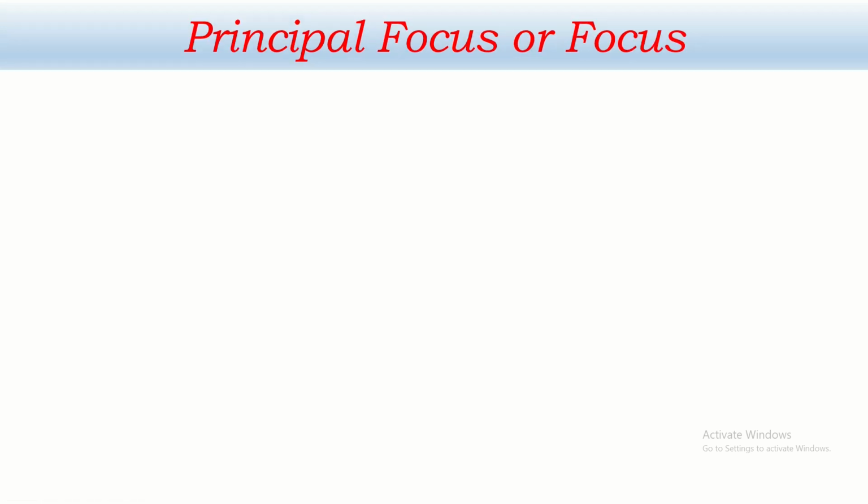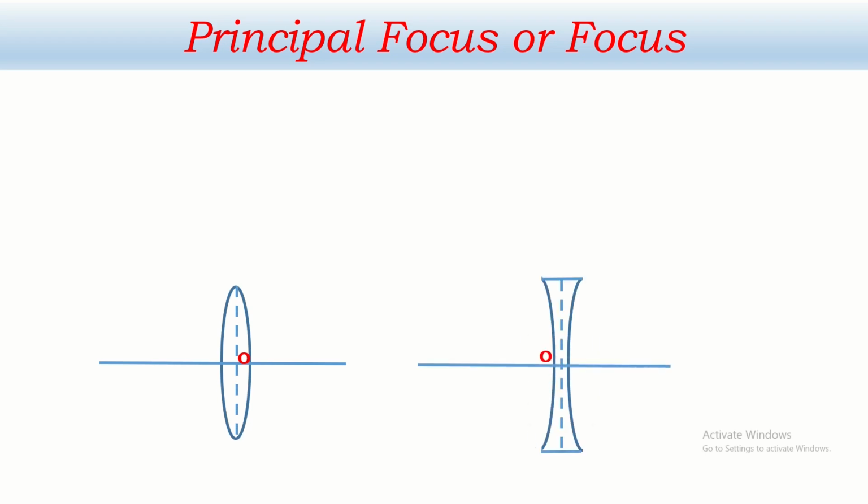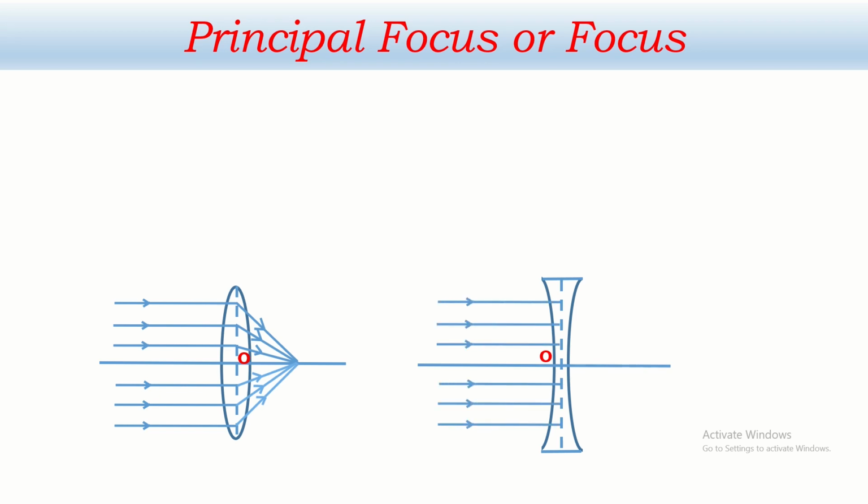Let's go through another point, principal focus, or simply we can say focus. This is a convex lens, and this is a concave lens, in which the principal axis and optical center are represented. Now what is principal focus? If rays of light come parallel to the principal axis of the convex lens, then after refraction they pass through a point on the principal axis which lies behind the lens, and this point is actually the focus.